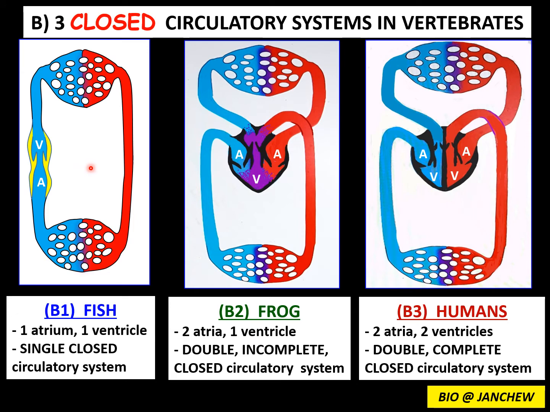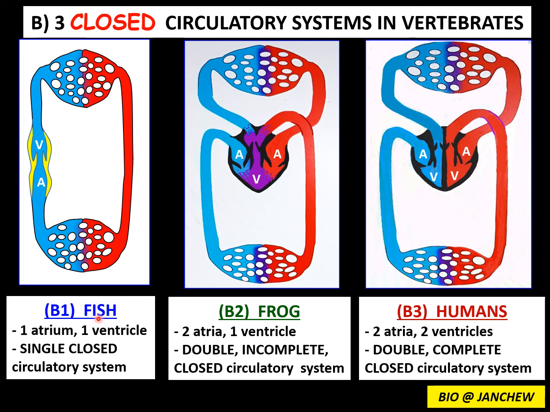Okay, this does not happen. So the whole blood is always in the closed blood vessels, which are continuous. That is the meaning of the closed circulatory system. We will study the closed circulatory system in fish, frog, and humans. For humans, we'll study the circulatory system of humans in the third video.